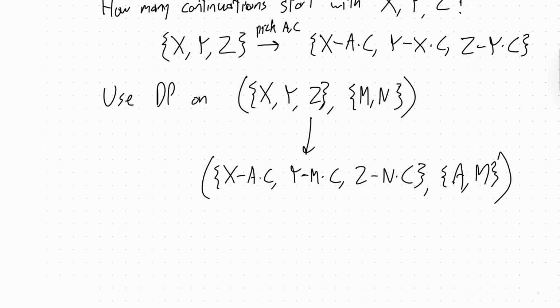And then, of course, once you've been able to answer this general question, you can just keep on asking how many continuations start with blah, and so on and so forth. You keep on increasing X and Y and Z until finally you hit the right number, and then you can print out the sequence. Now, there's only one problem. This dynamic programming on its own does not run in time. This is too slow. And part of the reason is this space is very complicated.